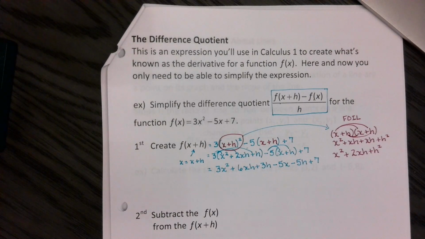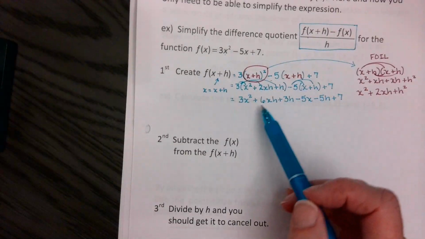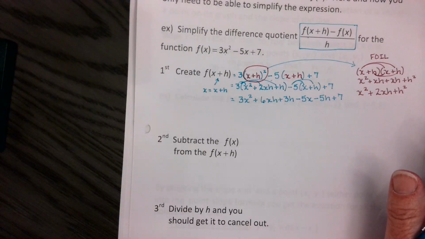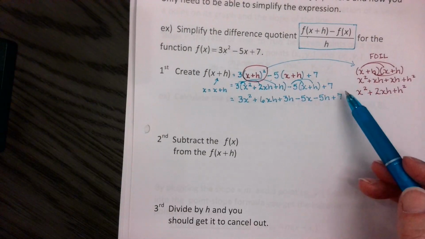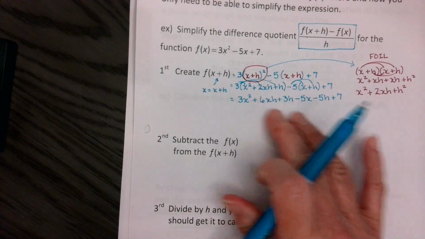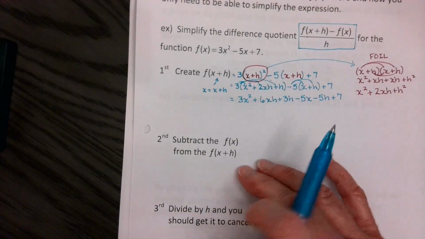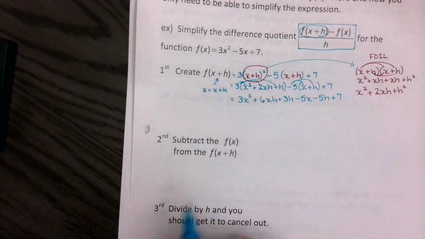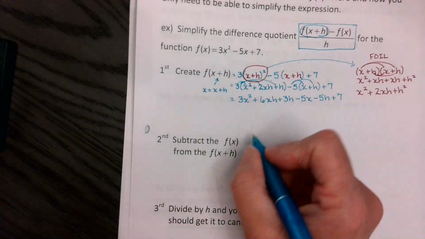Okay? So here's what we're going to do now. I usually don't do this if I'm working it by myself. I just subtract this from it. But I'm going to rewrite this all down here. In that step 1, I just found that answer, that big long one.